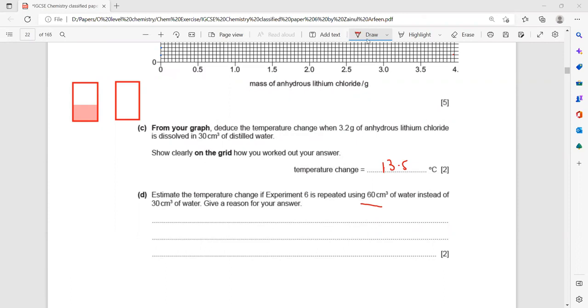If we double the volume of the liquid used, because more water particles are there, the temperature change will become half. So in experiment 6, with 30 cm cube of liquid, the temperature change was 9. If we have 60 cm cube, double the volume of the water, water is not a reactant, water is absorbing energy from this reaction. So the temperature change will become half, the temperature change will be 4.5.